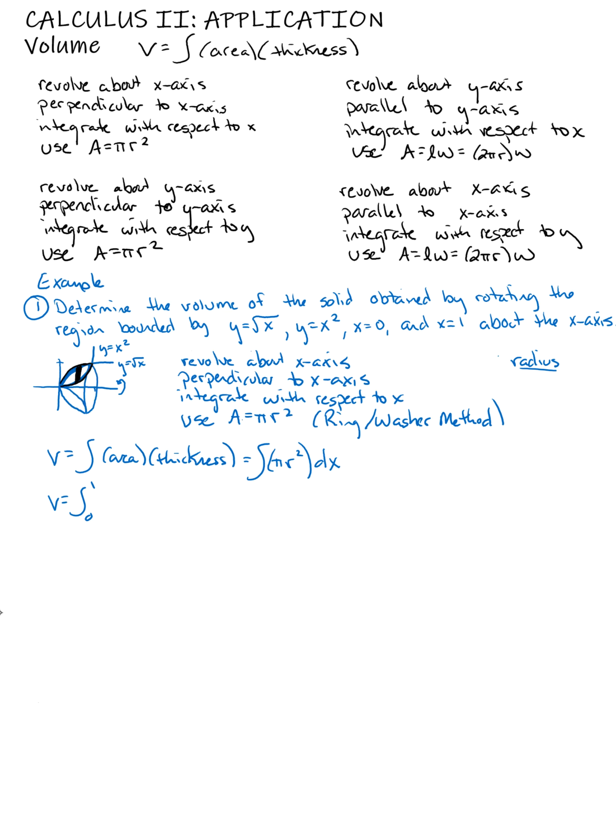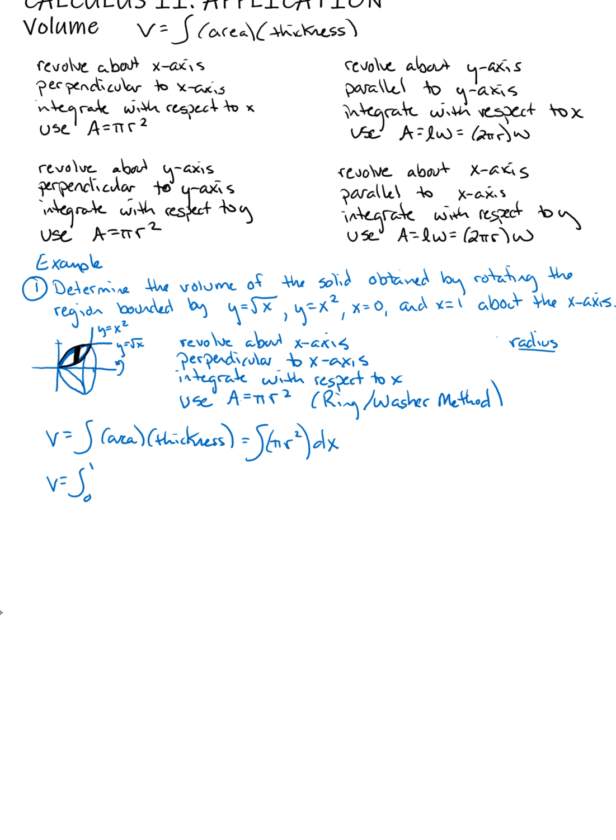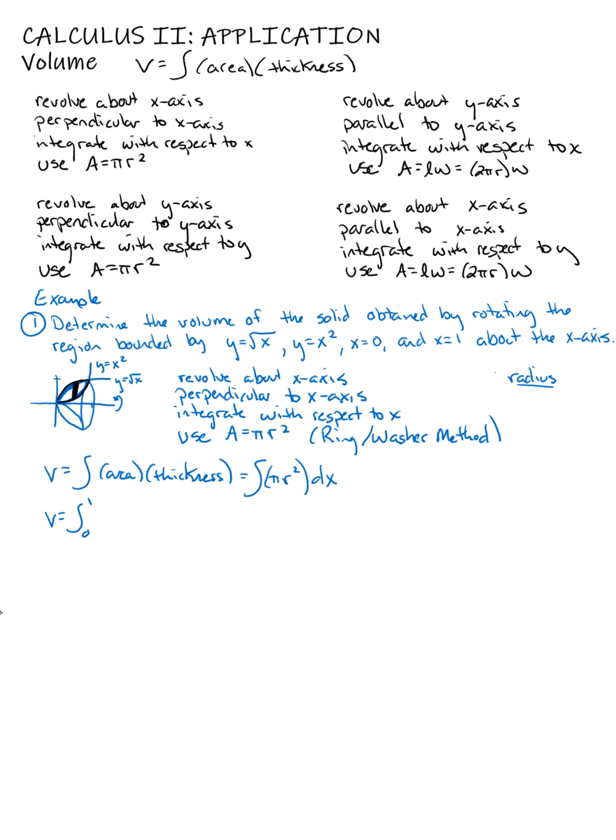So in this case, the radius looks like it's going to be this length right there. That's going to be my outer function minus my inner function. Well, in this case, the outer function is the square root of x. The inner function is x squared, meaning my radius will be the square root of x minus x squared.